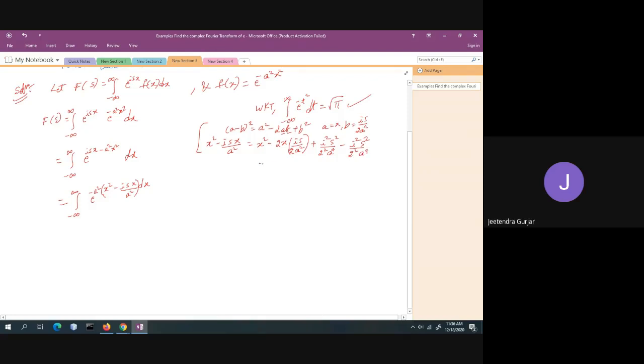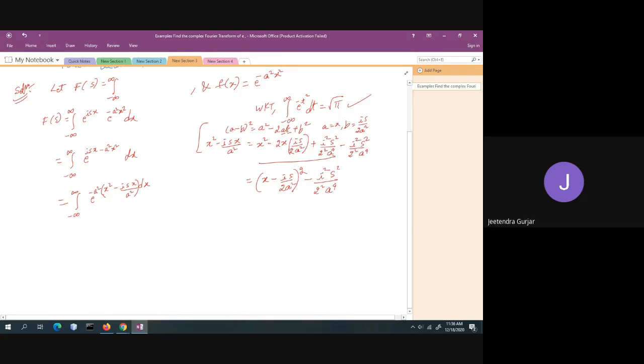So now you can see this is a minus b the whole square. So what I will do? I will take this as x minus, what is b? i s upon 2a square, squared. So this is a minus b the whole square. But remember, this part is remaining, that is minus i square s square upon 2 square a raised to 4.